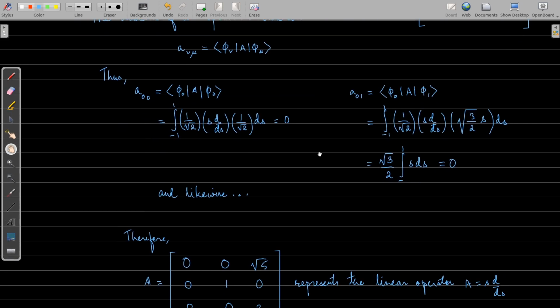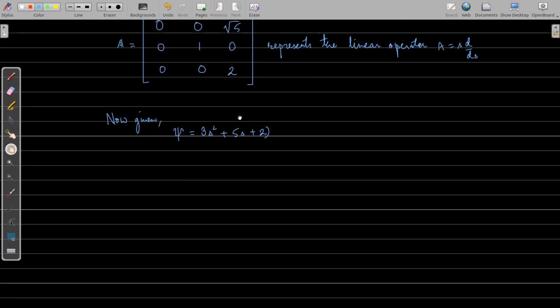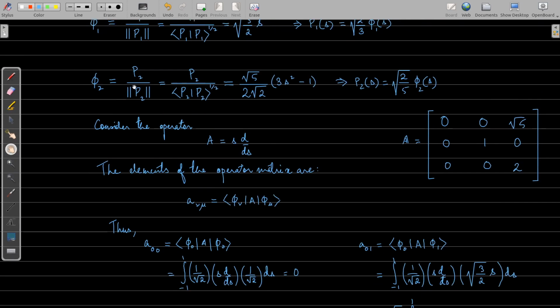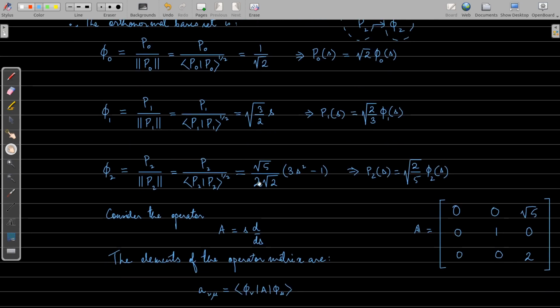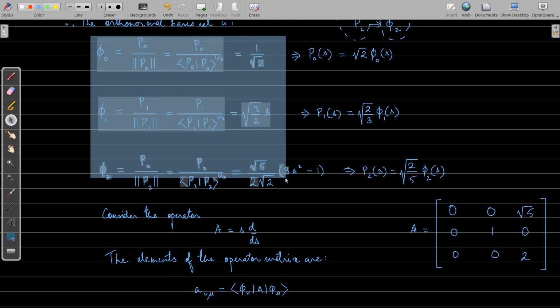Okay, so now we need to apply this operator A on this psi, and then we have to see what result we get. So now we need s square, s and 1, right? Let us write down these 1, s and s square in terms of phi 0, phi 1 and phi 2. So I'm going to use this result.